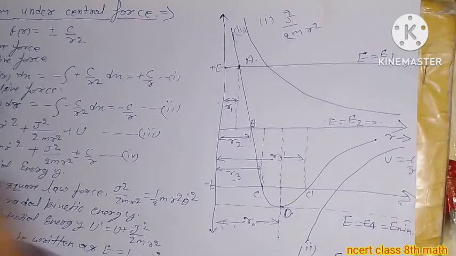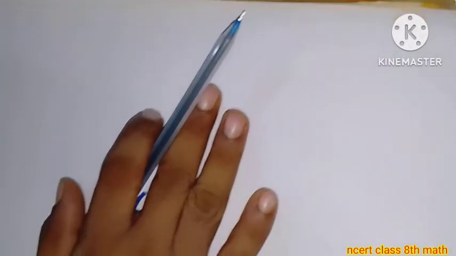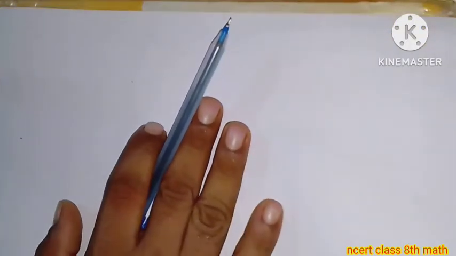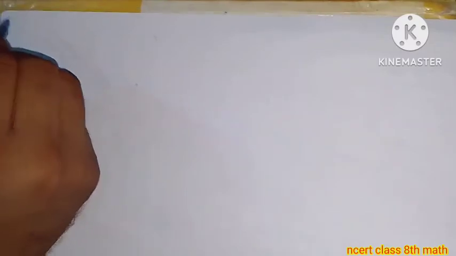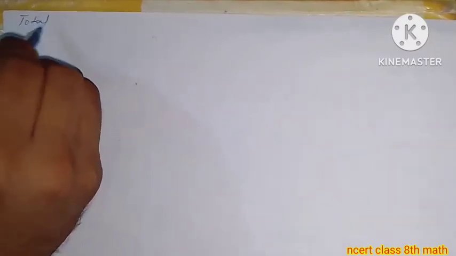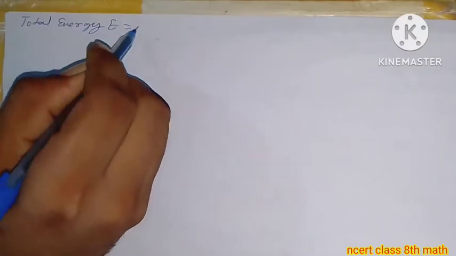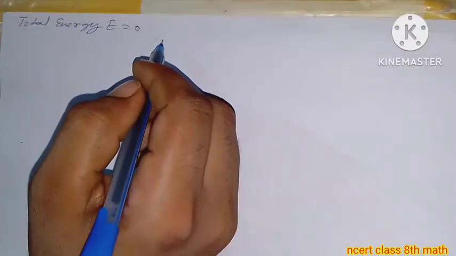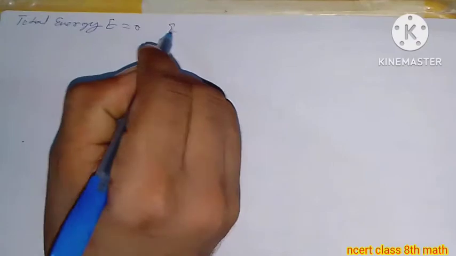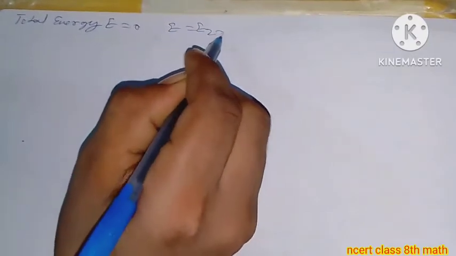Second case. The total energy E is 0. Suppose the particle has total energy E equal to E2 equal to 0.